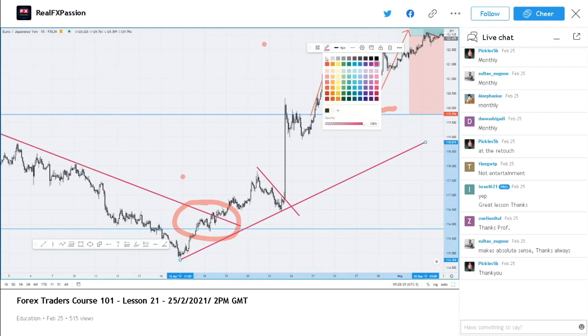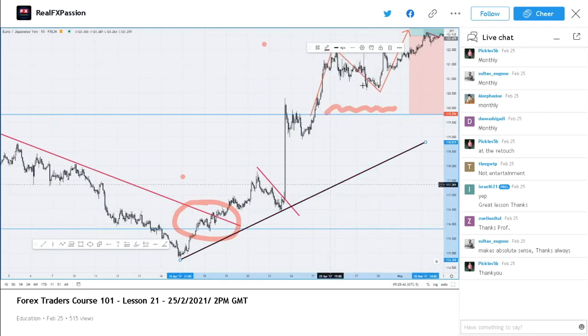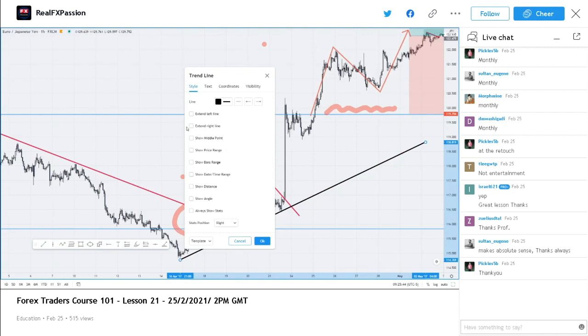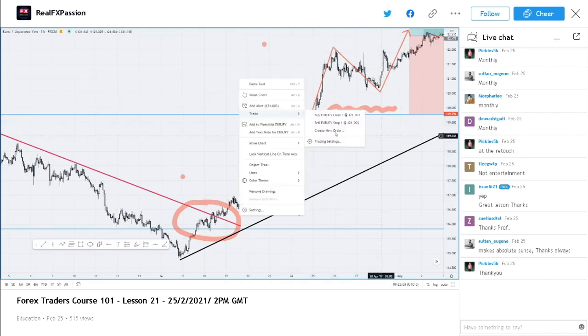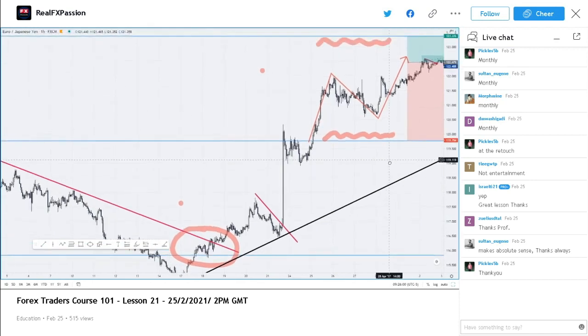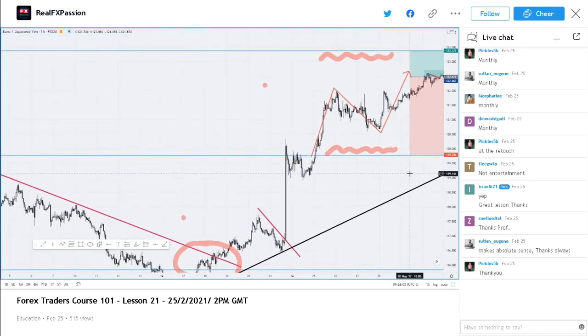Let's color code this in black and extend the right line. And we have another one more aggressive, right? Do we agree, everybody, that the market is above the uptrend line, and we can draw the market wave too, right?